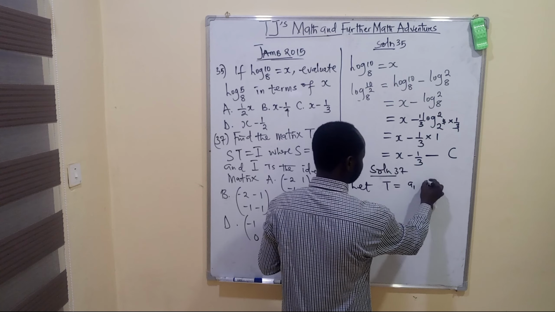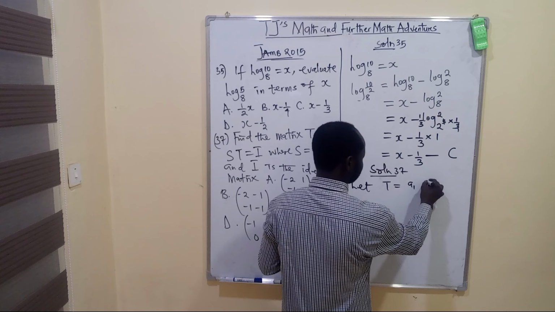So the first equation will be minus A1 plus A3 equals 1, and that will form our equation 1. Next, minus A2 plus A4 equals 0. That will form our equation 2.